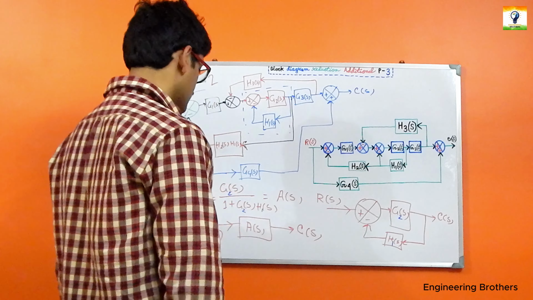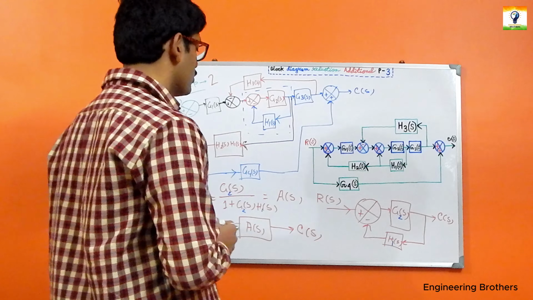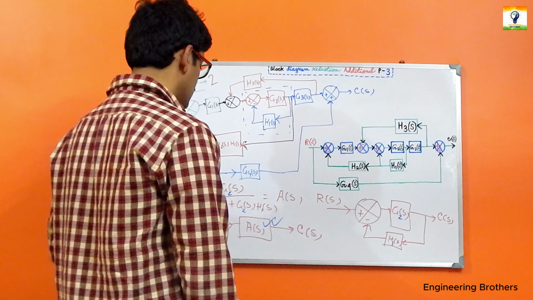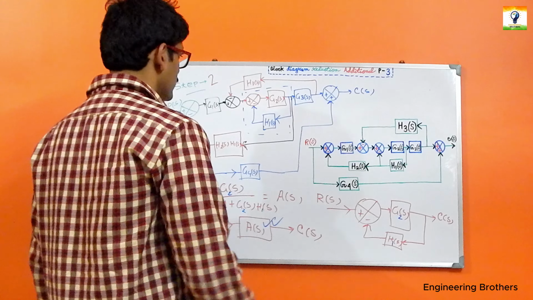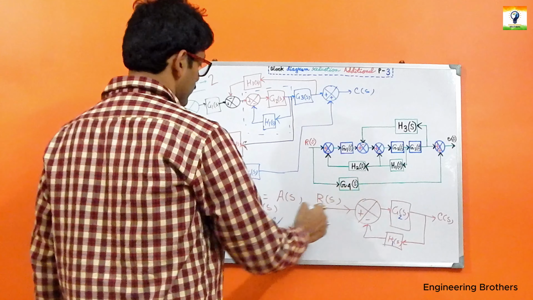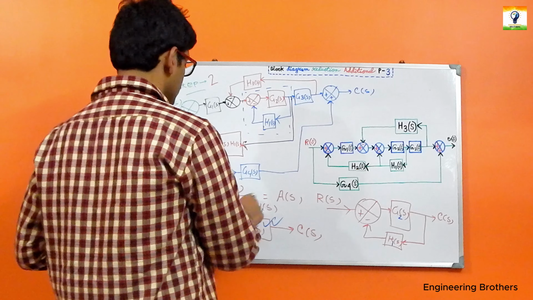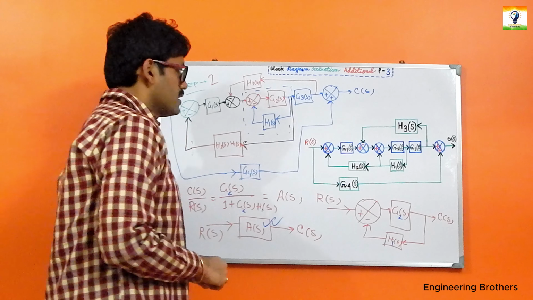Now only after the closed loop reduction, only this block will be present over here. Now quite naturally we can apply this formulation GS divided by 1 plus GSHS to have our exact gain for that part.